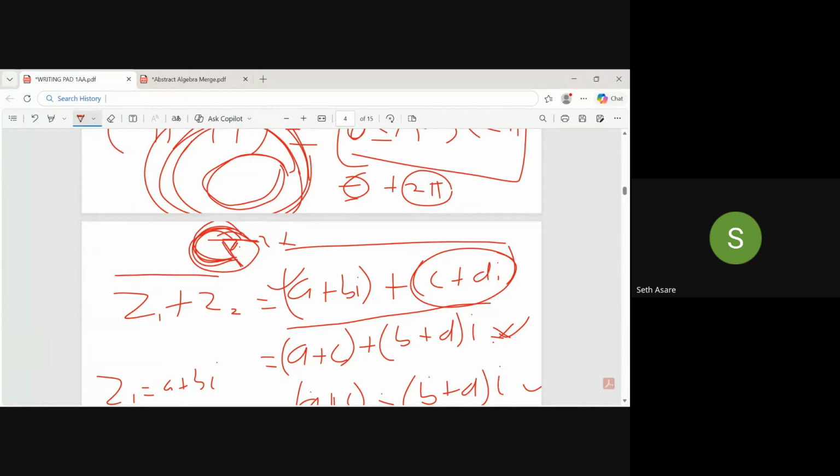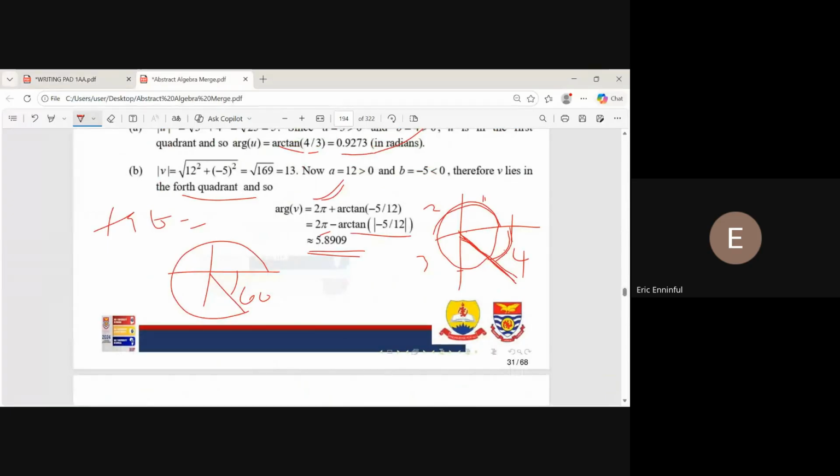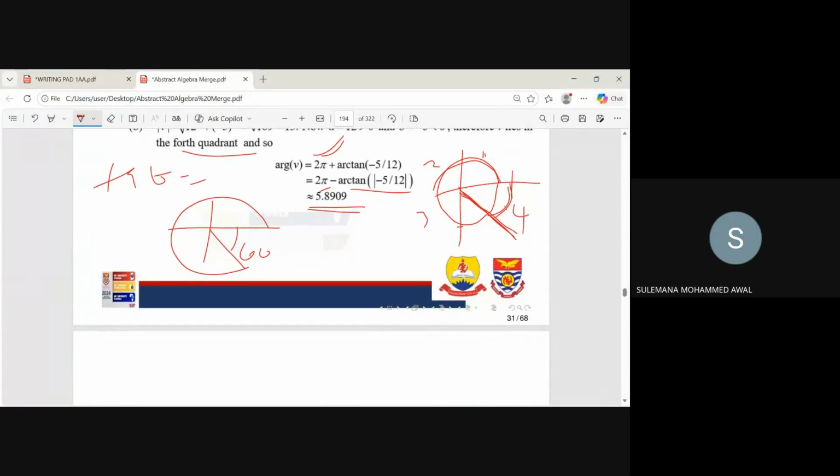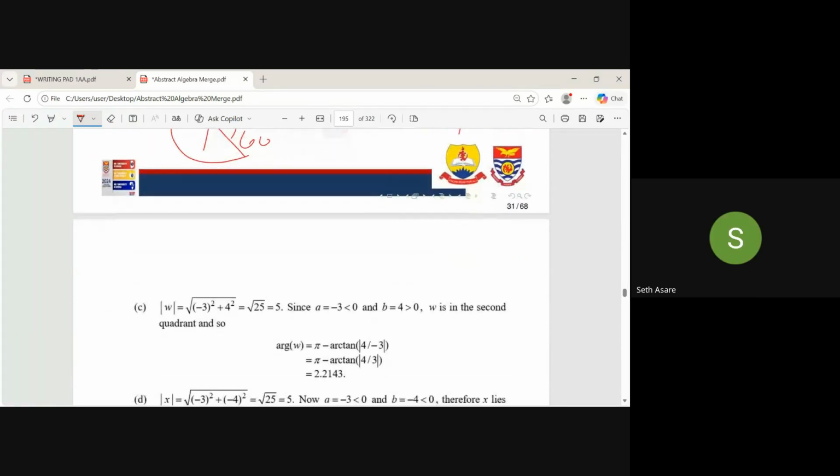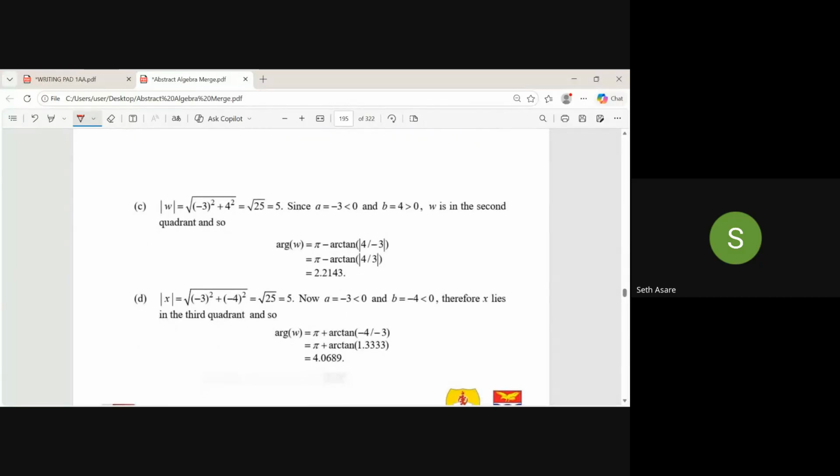Are we clear? Yes, sir. All right, so that is what we did here. In the same way, look at this. We are also having this one. Look. B is positive here. X is negative, meaning that it will be here. We need this angle.